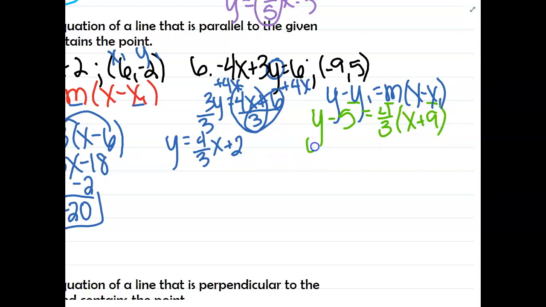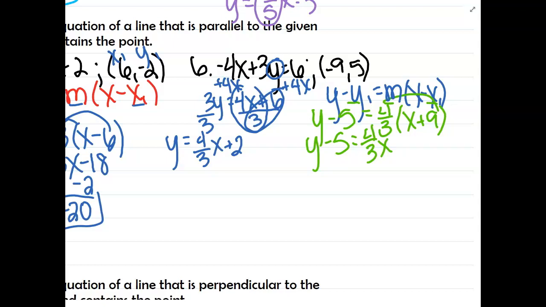And then we need to distribute. So y minus 5 equals, okay, the 4/3 x, that's the easy part. Kind of a trick if you're not super confident with multiplying fractions. When you take 4/3 times 9, I think the easiest thing to do is take this number divided by that number.